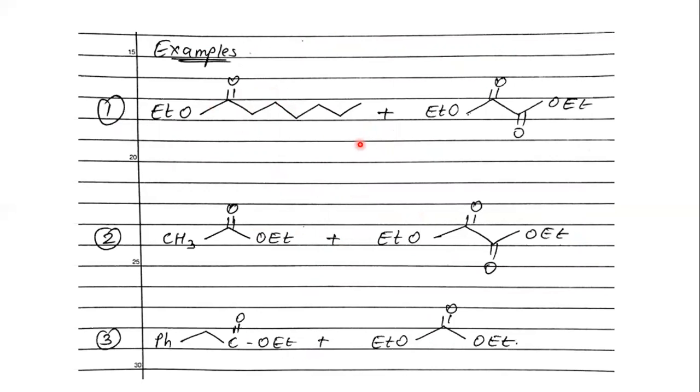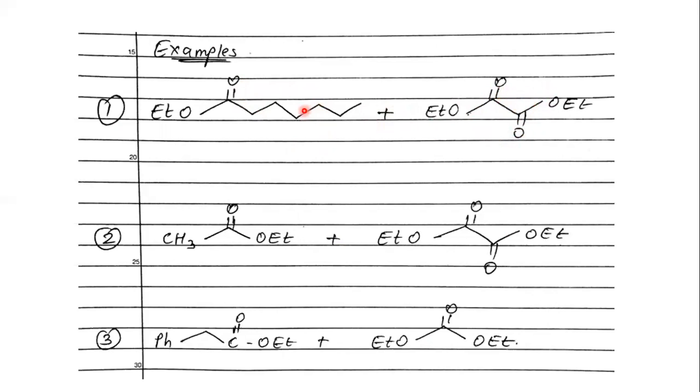Similarly, one product could be the condensation between these 2. One product could be the self-condensation of this molecule itself, because this has alpha hydrogen. Will this molecule have a third product? No, it won't, because self-condensation cannot happen over here since it does not have an alpha hydrogen, meaning it cannot act as a nucleophile.